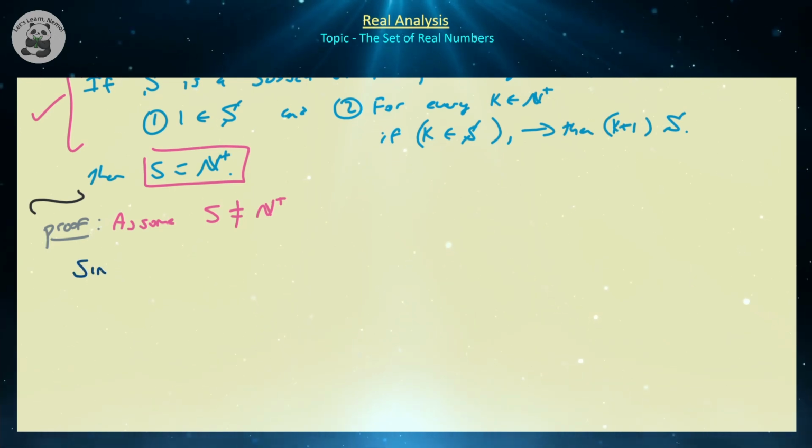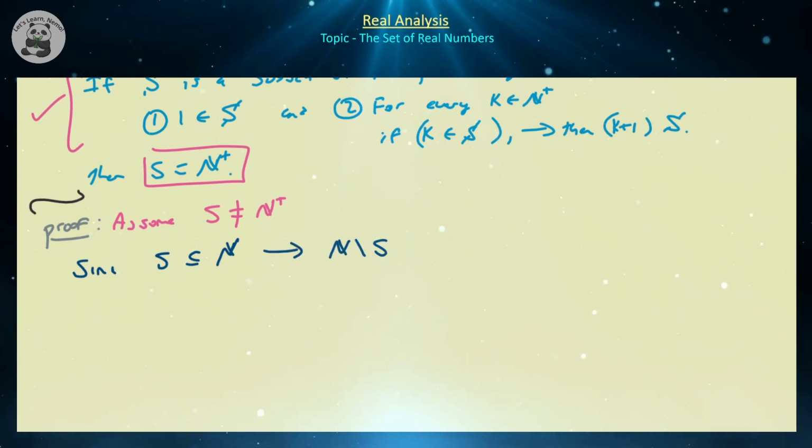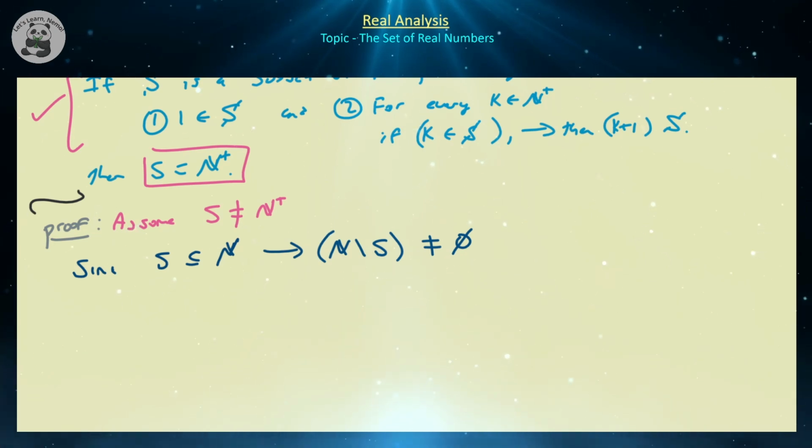So since S is a subset of the natural numbers, and I know it's a subset of the natural numbers because at least one is in that set, that means if we take the naturals and take away S, this is not going to be the empty set, right? And why is this the case?